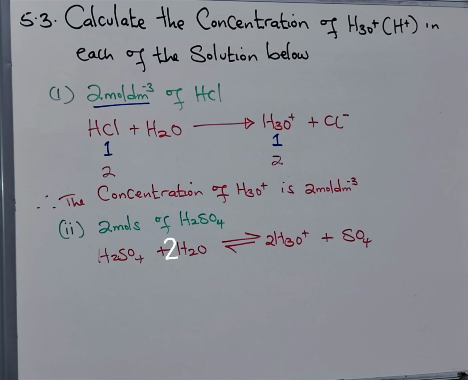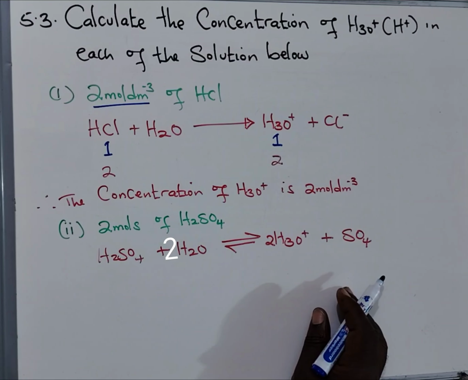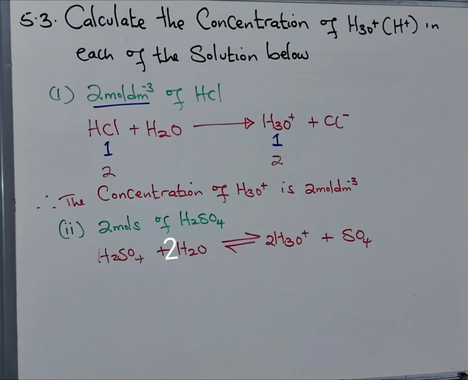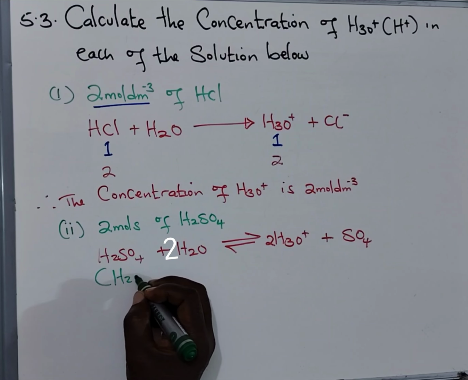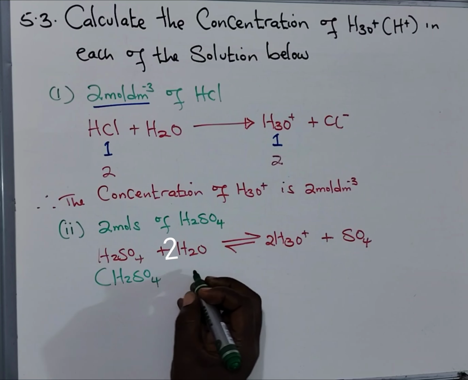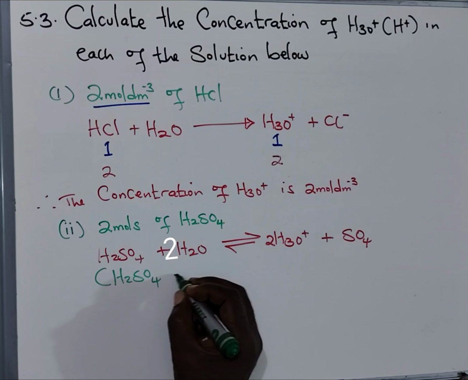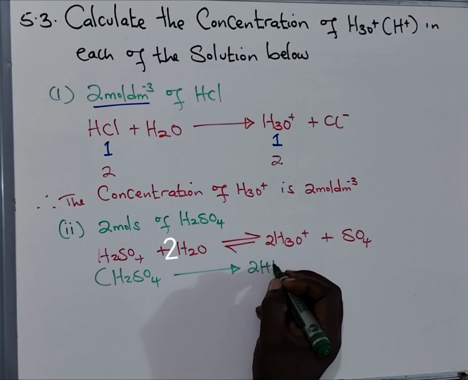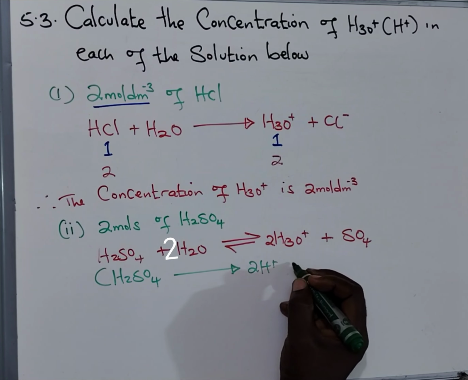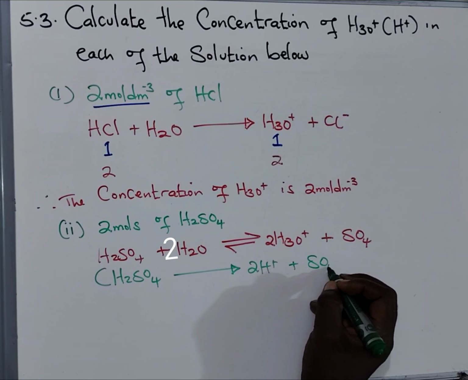The equation is balanced. But we normally advise students that if this one is a problem, you can as well use this. You can simply say sulfuric acid without water ionizing to give you 2H, because you have the 2 here, plus sulfate ion.